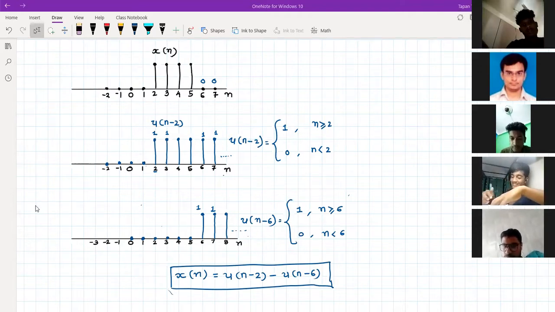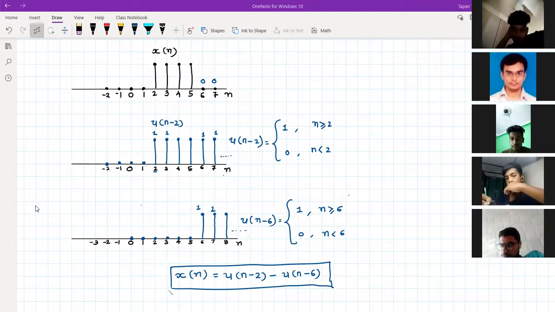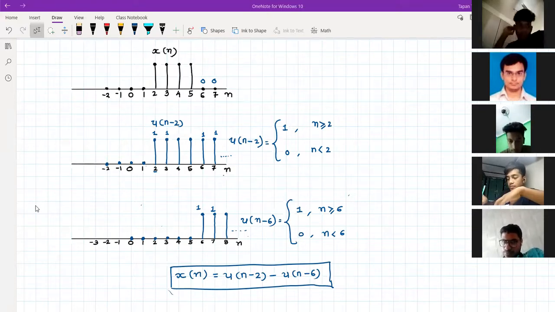For that, you need to have a practice. In signals and systems, time is not going to be an issue, but you must know the answer.